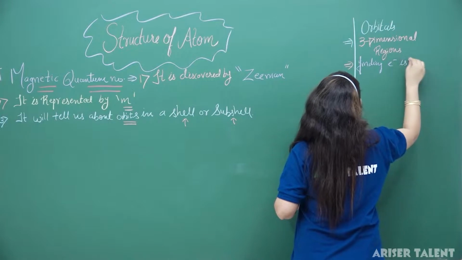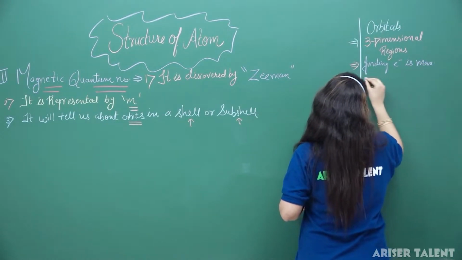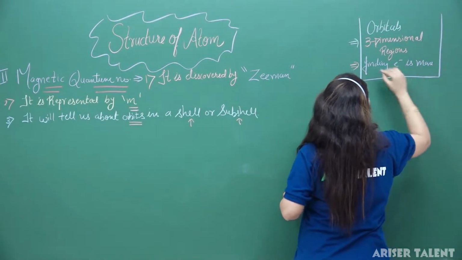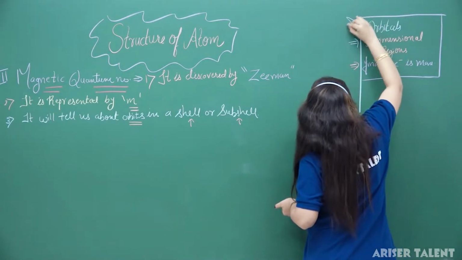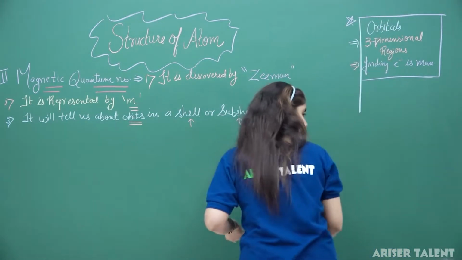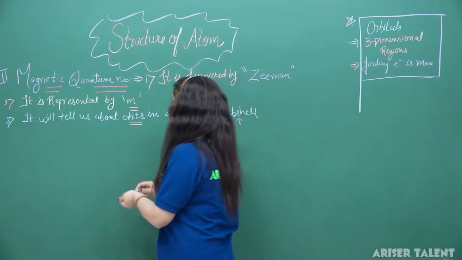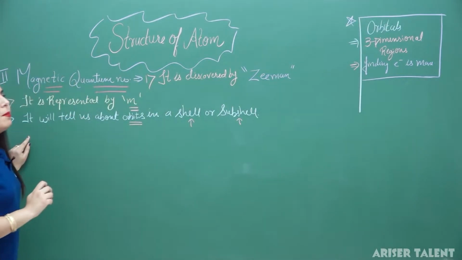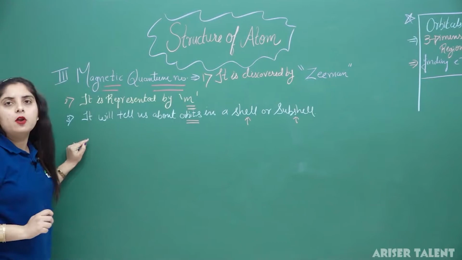So, that is all about the term orbital. Now, the magnetic quantum number will tell us about the orbitals of an atom.